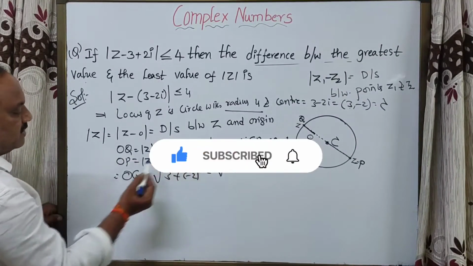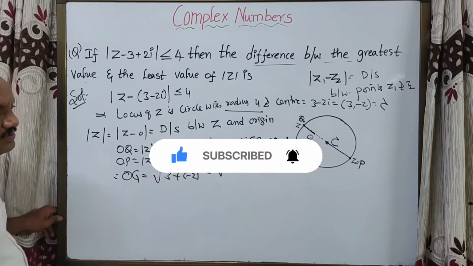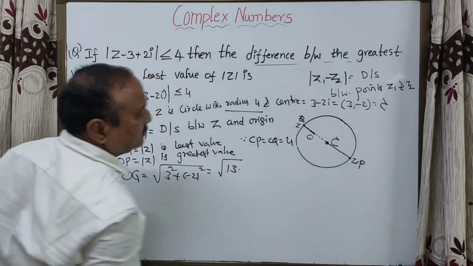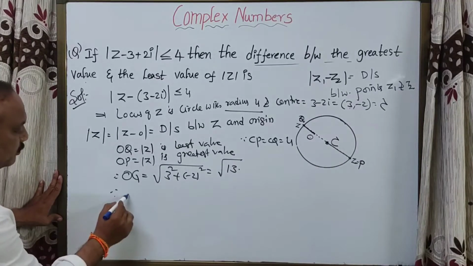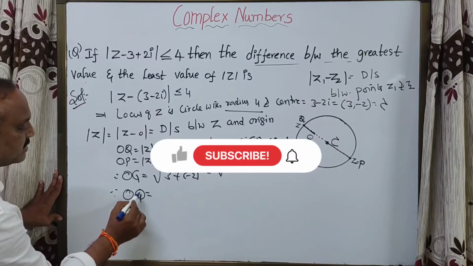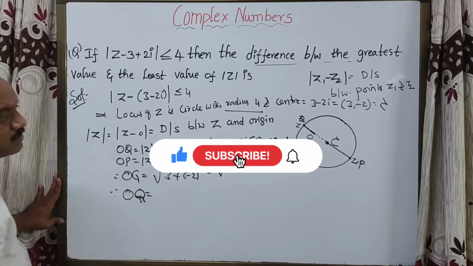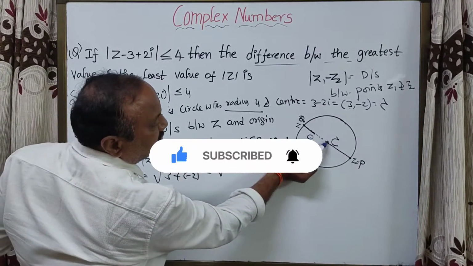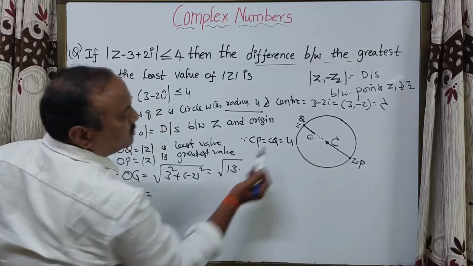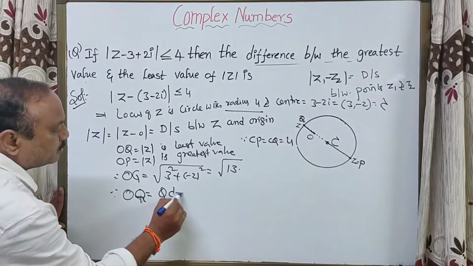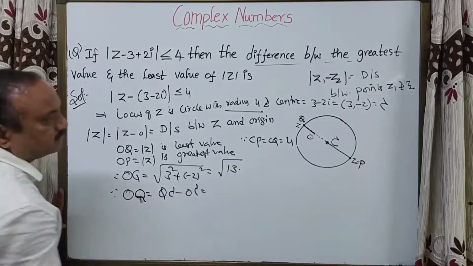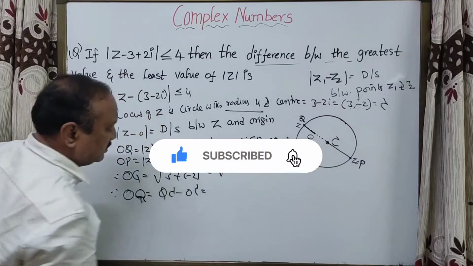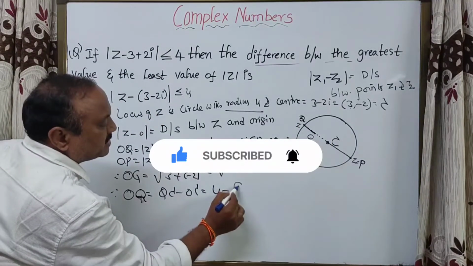OQ is the least value, OP is the greatest value. He wants the difference between these two. Therefore OQ equals QC minus OC. QC is 4, so OQ is 4 minus root 13.